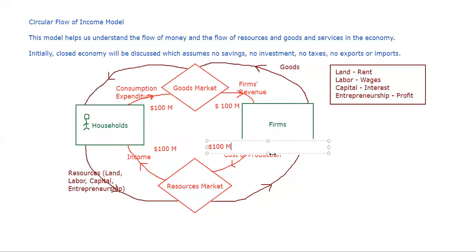So there is absolutely no headache for the economists because the size of the economy remains constant at 100 million. 100 million not on a per day basis, on a per week basis or a lifetime basis. It is 100 million on a particular time period, which is usually 1 year.